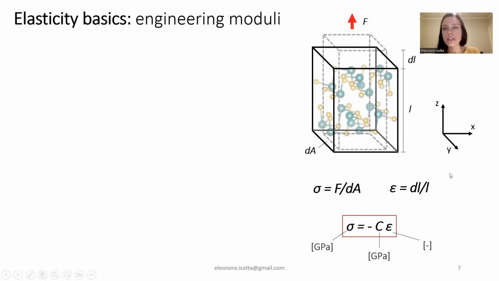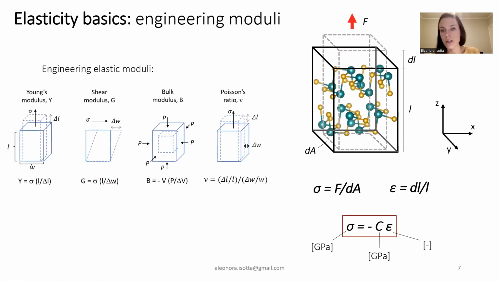So there are some very simple cases that are called the engineering moduli, where the relationship between stress and strain is very specific, and we have very specific types of stress and strain. For example, we have the Young modulus that is defined when we have a tensile strain that follows from a tensile stress.